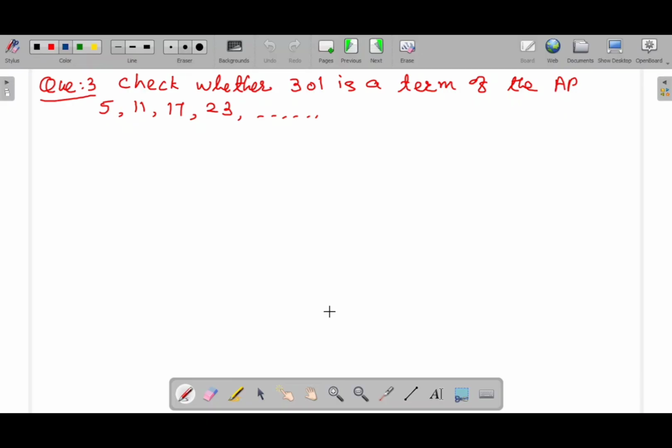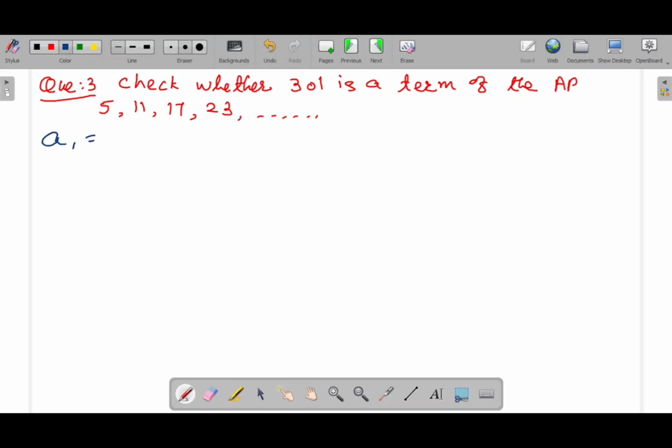I'm sure you will like this question too. The question says, check whether 301 is a term of the AP 5, 11, 17, 23 and so on. So let's check. Here we have some data with us. The first we have is A1.